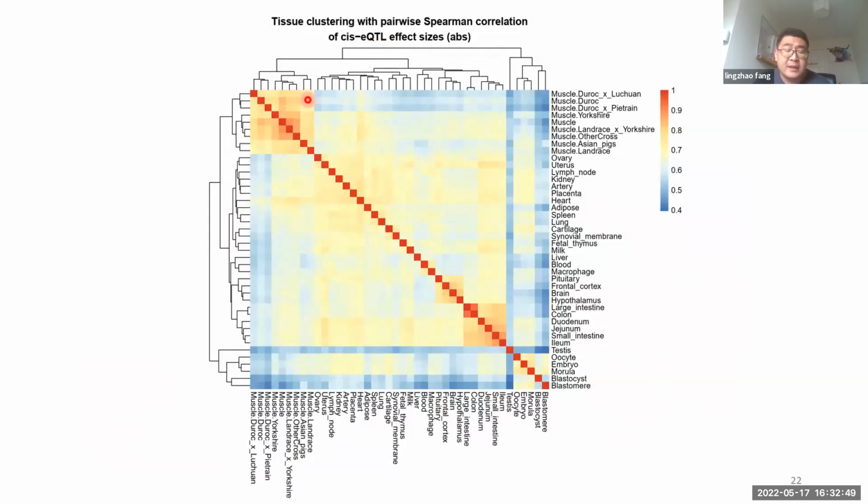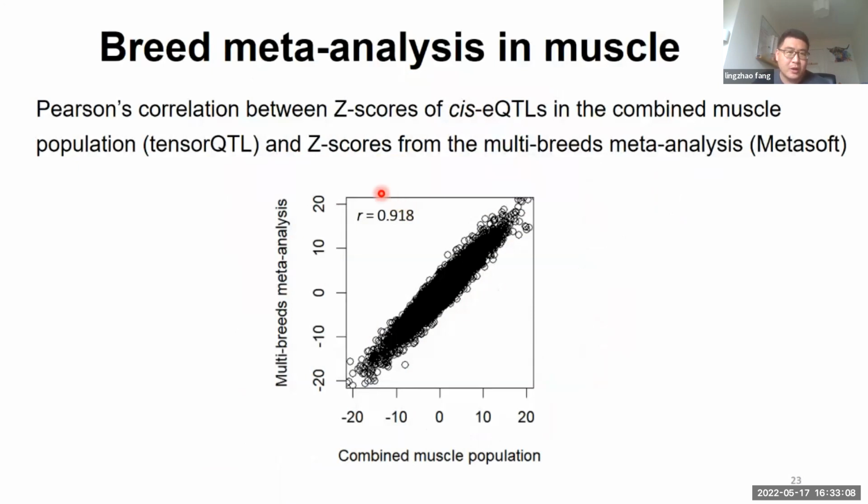And then we started to look at the correlation of the cis-eQTL effects. You can see the eQTLs detected in muscle from different ancestry groups cluster quite well, are positively correlated with each other, and are clearly separated from the eQTLs detected in other tissues. And the meta-analysis across breeds also gives a clear signal.